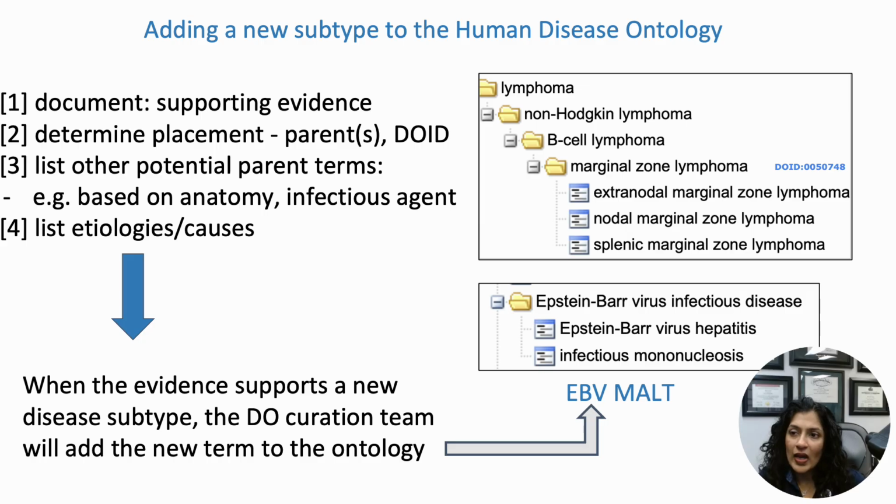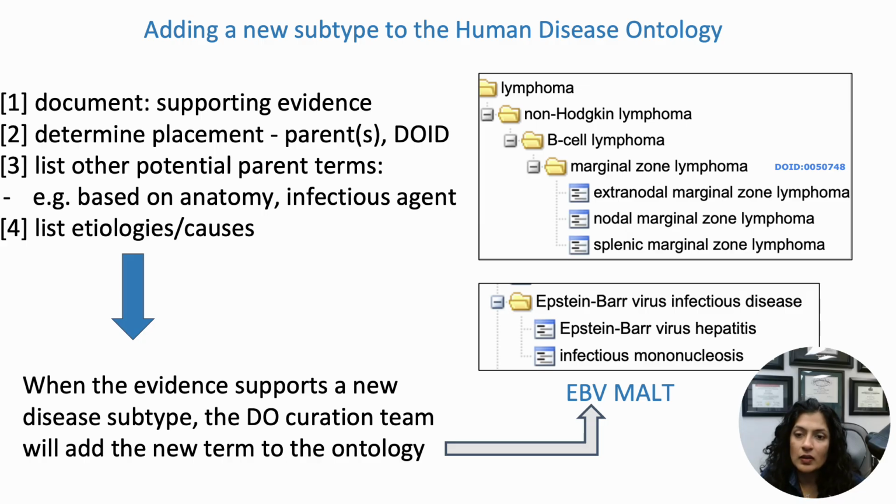The process of adding a new subtype to the Human Disease Ontology includes documentation with supporting evidence so that we can determine what placement would be best. You want to list other potential parent terms based on anatomy, infectious agents, or any other etiologies.